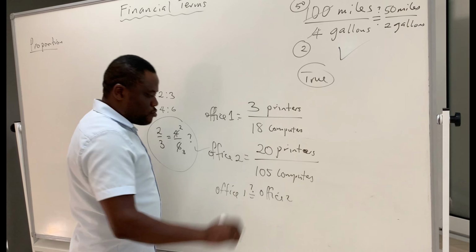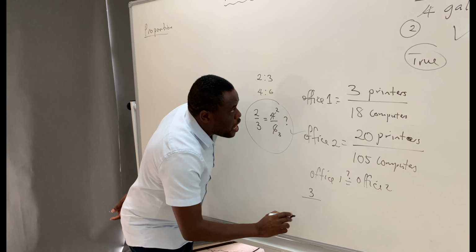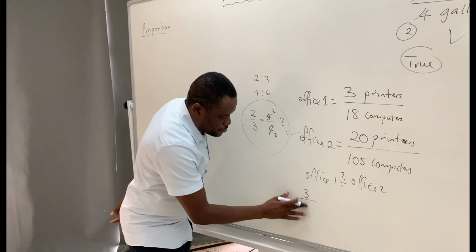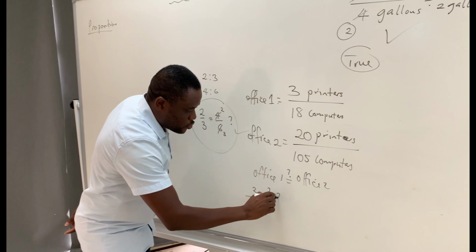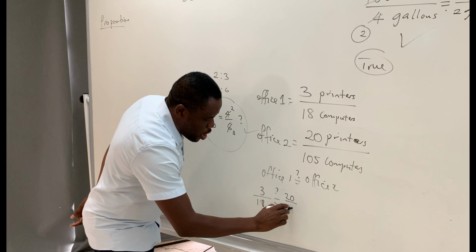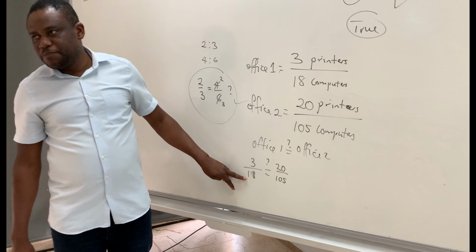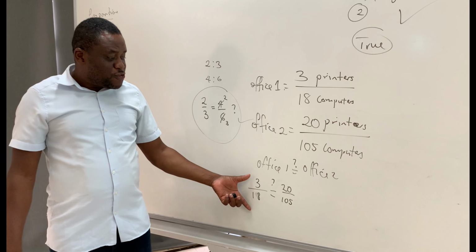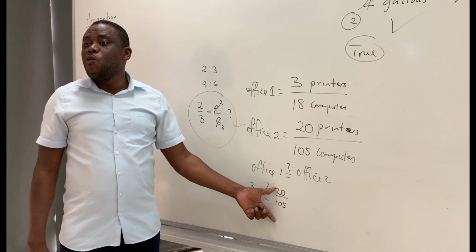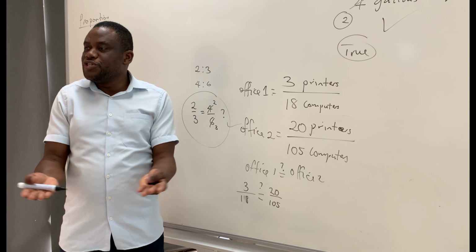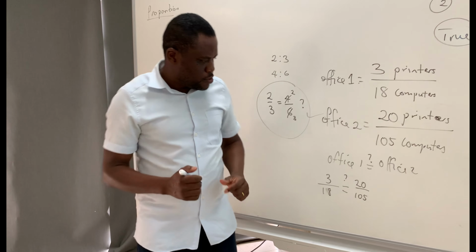Office 1 has 3 out of 18, right? We want to check if it's the same as 20:105. Of course, we know that this is printers and this is computers. Now, to find this, we have to reduce each to the lowest term, and compare the 2 results to see if they are the same. Are we together?